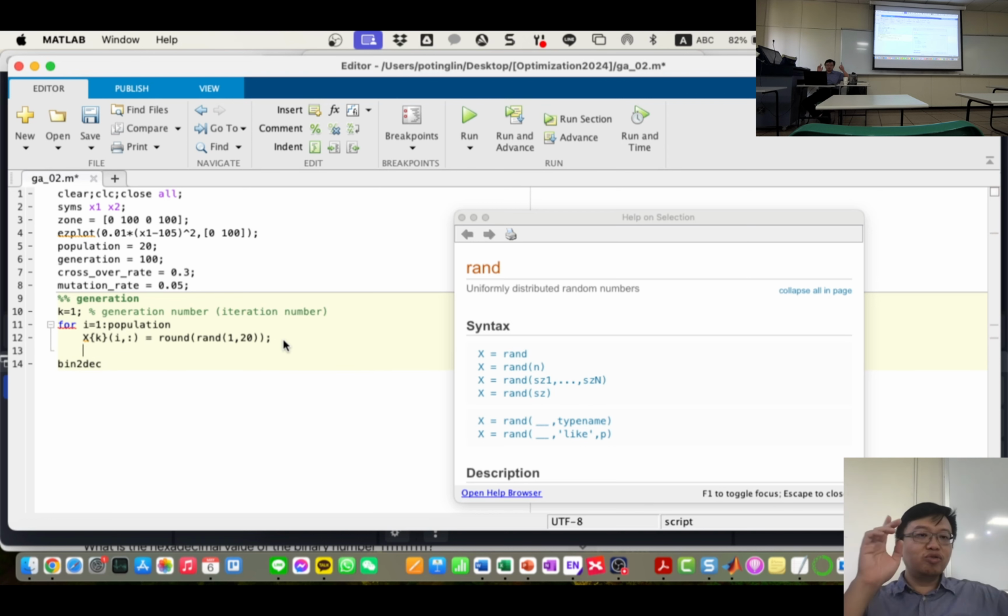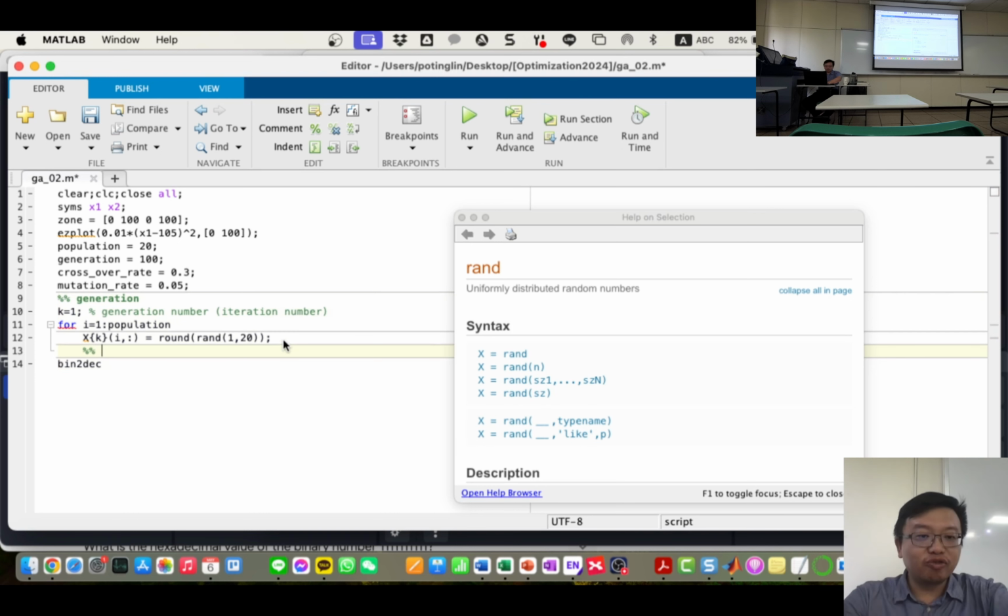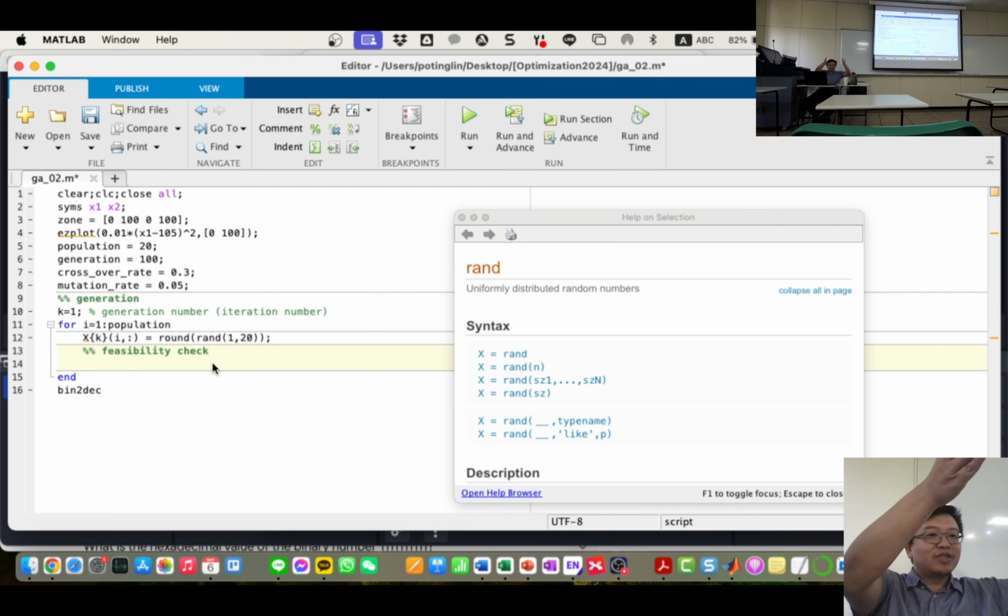In order to check whether this design is feasible, I need to convert them back to the x1 and x2. So over here, I'm gonna do the feasibility check. The first half and the second half will be converted back to x separately.